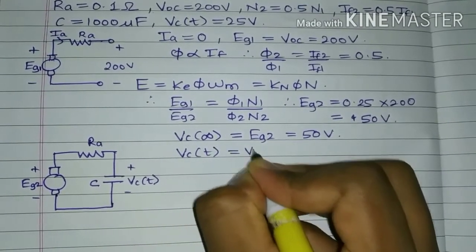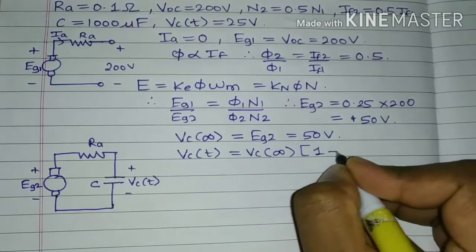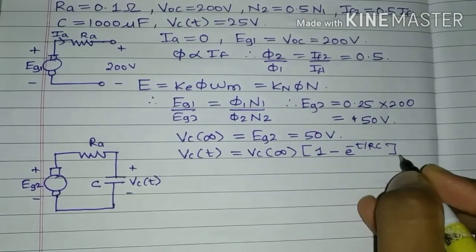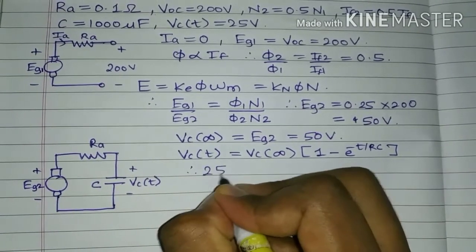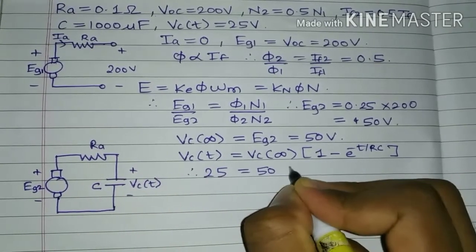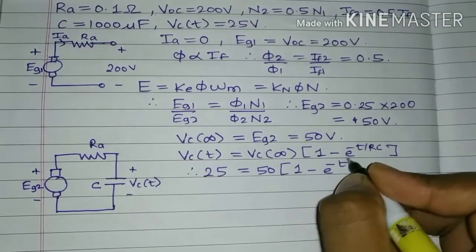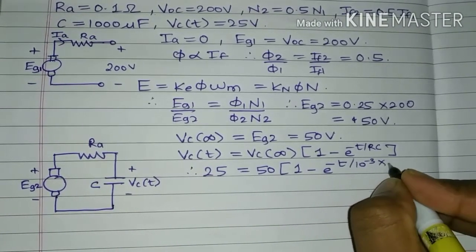And we know that the charging equation of a capacitor Vc of t is equal to Vc of infinity into 1 minus e raised to minus t upon Rc. Now on putting Vc of t is equal to 25 volts, we get 25 is equal to 50 into 1 minus e raised to minus t upon 0.1 into 10 raised to minus 3.